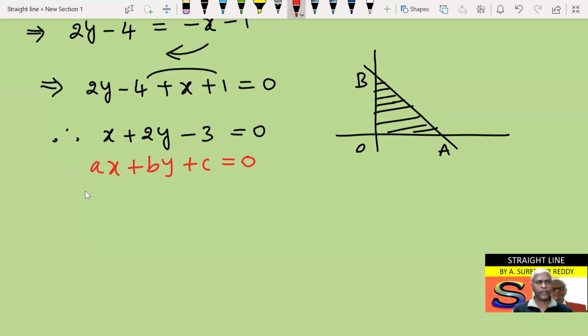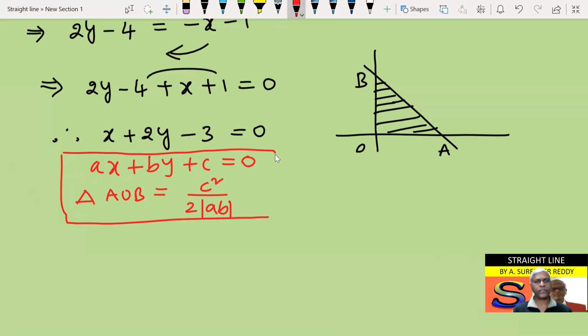Then the area of triangle AOB is c square by 2ab. So this is the formula.